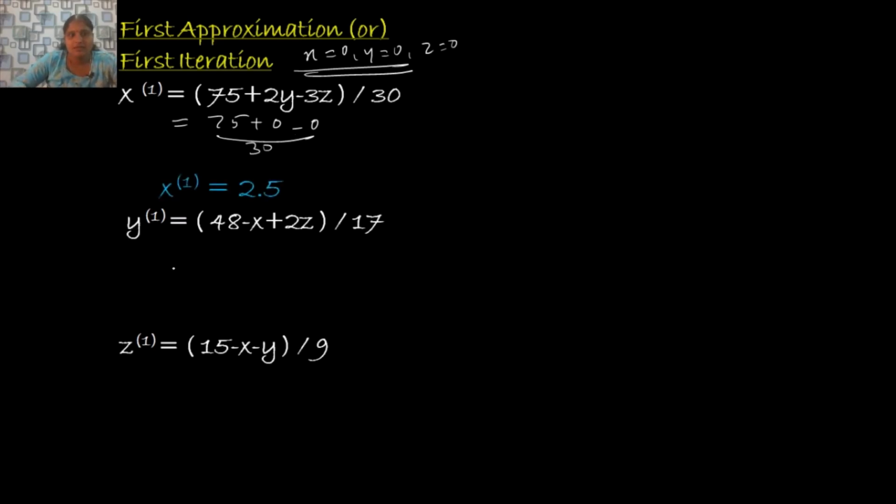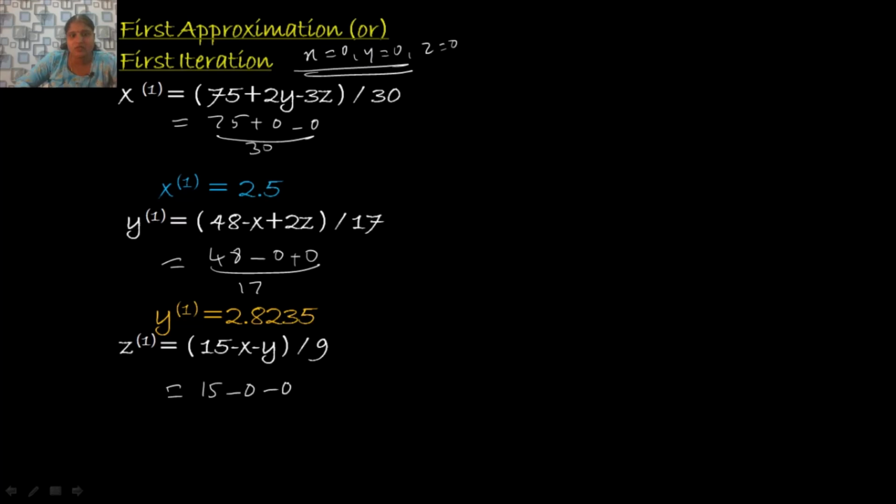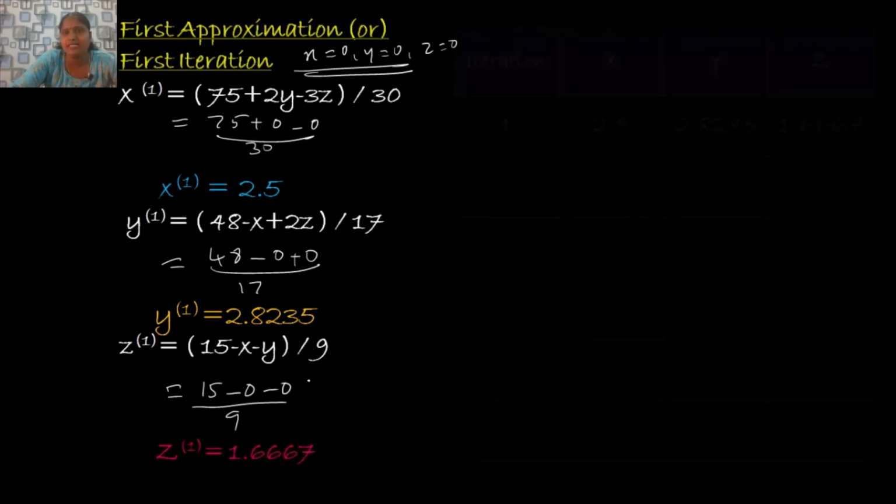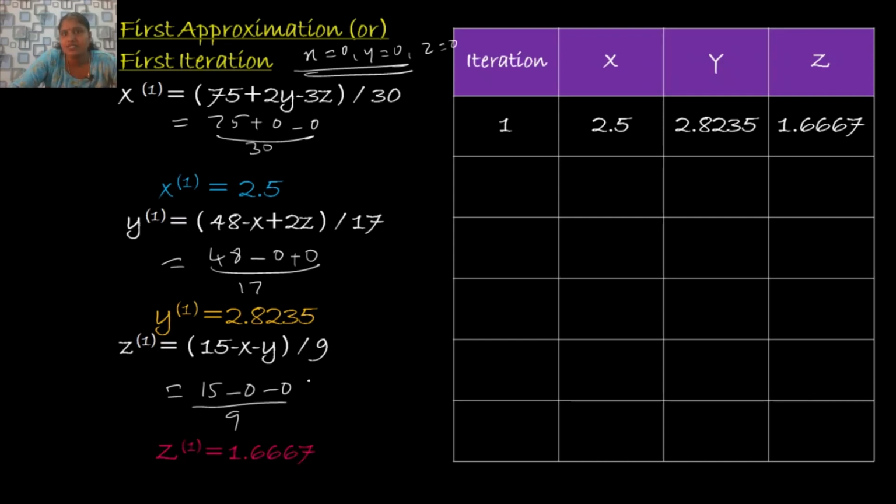Next, for y, 48 minus x value 0 plus 2 times 0, which is 0 itself, and you divide this by 17, you get the value of y is 2.8235. And for the value of z, 15 minus x value 0, y value 0, and you divide this by 9, you get 1.6667. Let me tabulate all these values in a table like this. So in the first iteration, I get x as 2.5, y as 2.8235, and z as 1.6667.